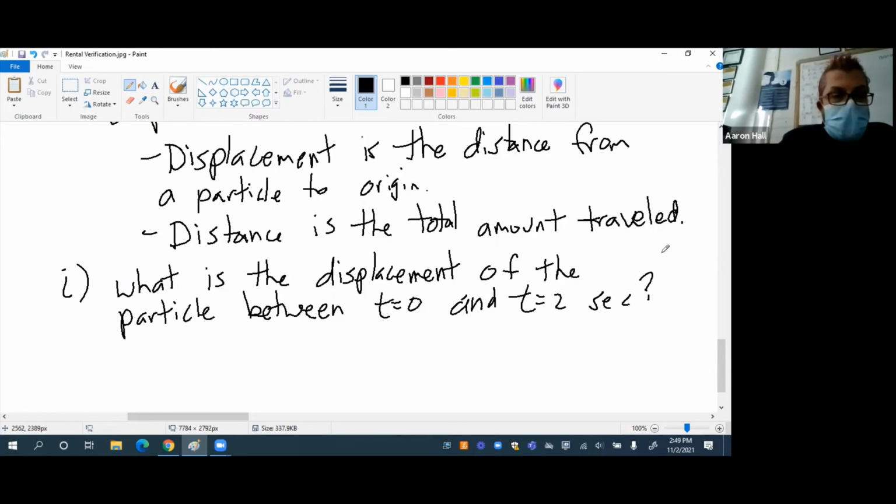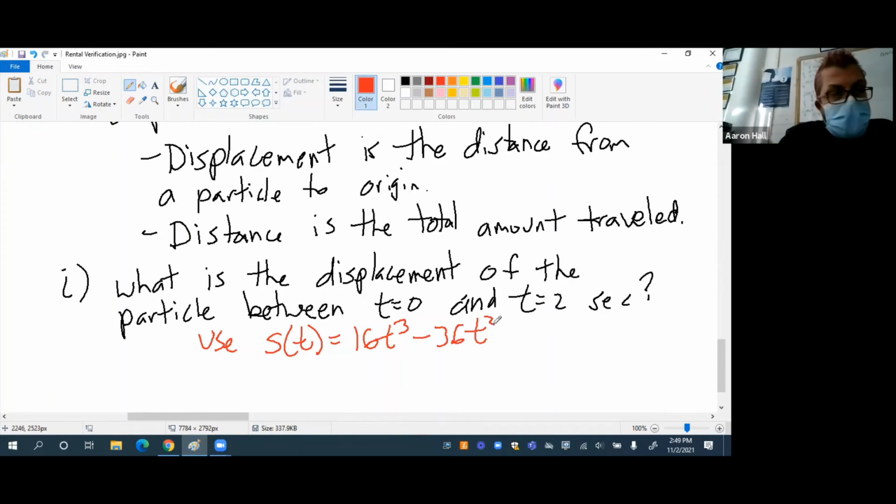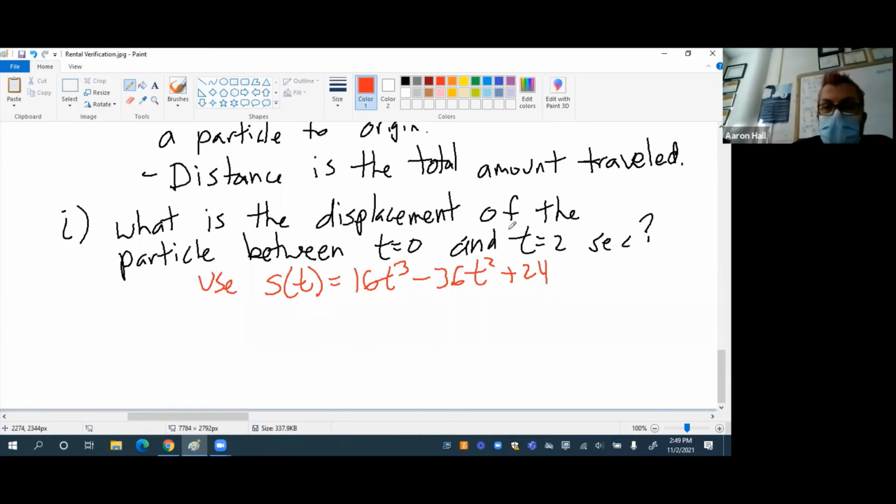So I'm going to use our s of t function, our position function of 16t cubed minus 36t squared plus 24, and we're going to substitute in 2.